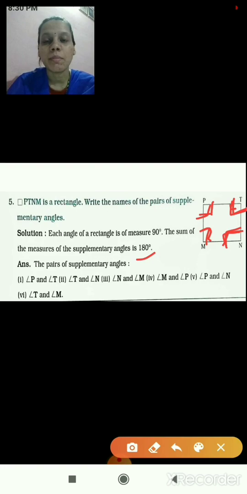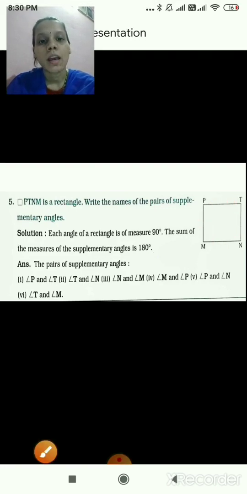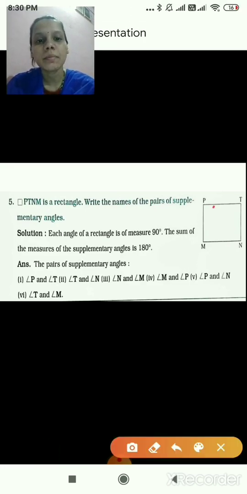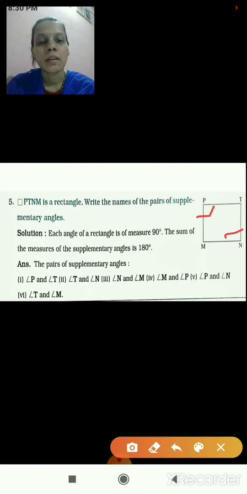They are supplementary angles. Now there are two more angles, angle P and angle N. They are opposite angles and the sum of their measures is equal to 180 degrees, because in a rectangle each angle is of 90 degrees.